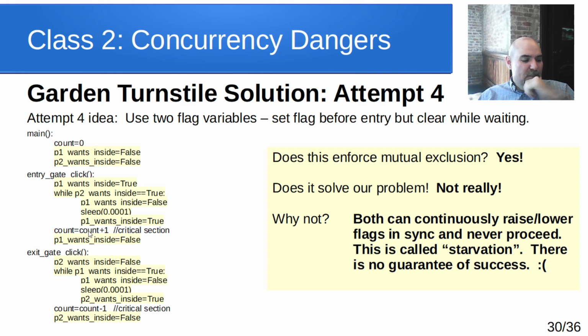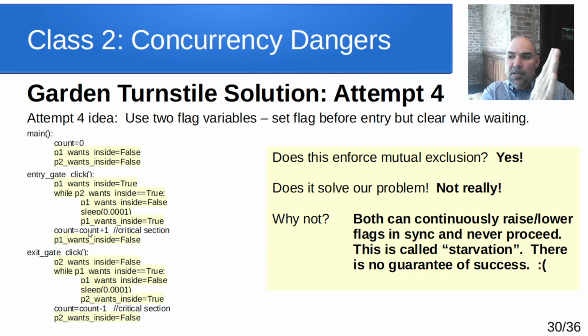It might seem to at first, but there can be another problem here, and that problem is a different sort of problem. The problem being that they both grab their, raise their flag, they look at the other guy, see his flag is up, and they put their flag back, they wait a little bit, and then they both acquire the flag again. So the problem here is that they could, in sync, because we can't make any assumptions about the timing, be synchronized with looking at each other, putting the key back, waiting, waking up, grabbing the key, looking at each other again.